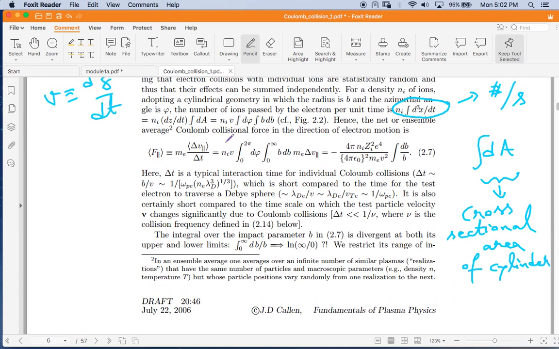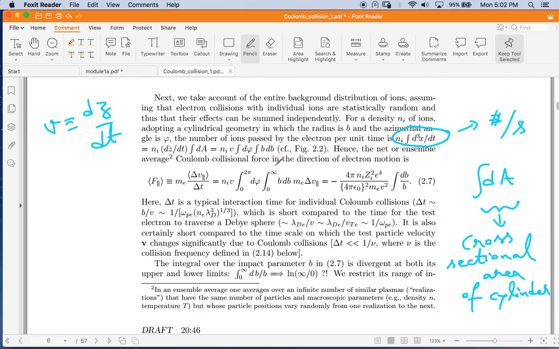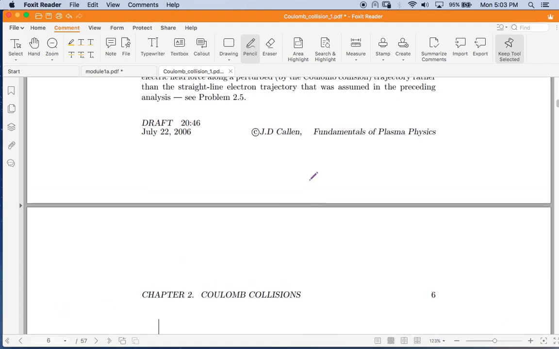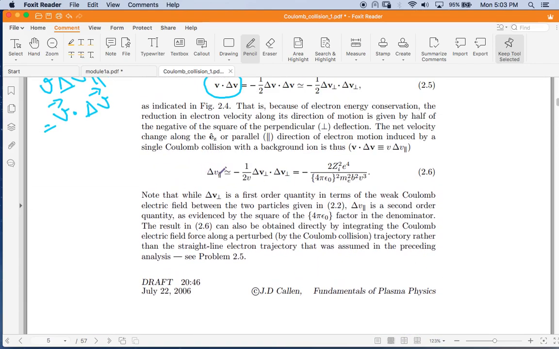We are simply directly plugging in this here: the number of ions passed by the electron in unit time, that is this, and we are simply multiplying it by the delta v parallel, which we get from here.